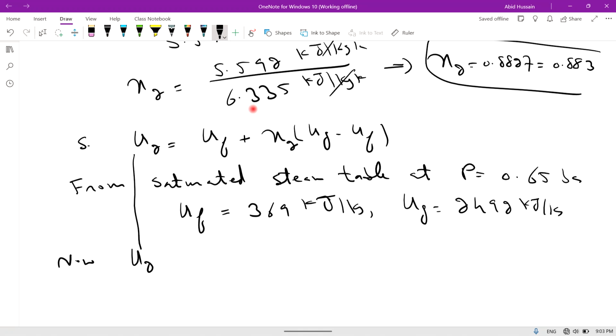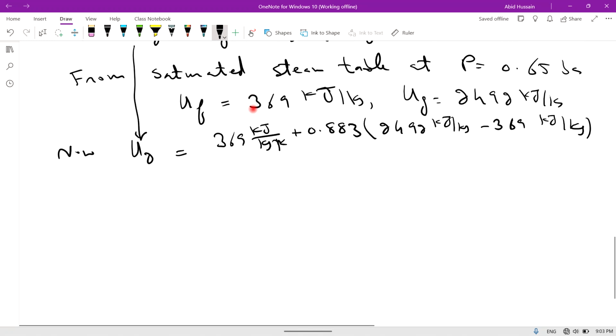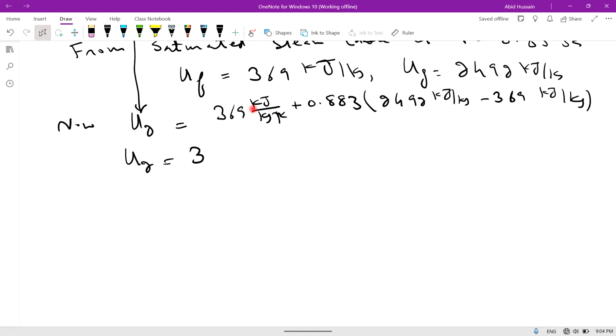Now U2 is equal to, putting values in this equation, UF, the value of UF is 369 kilojoule per kilogram, plus X2, the value of X2 is 0.883, into UG minus UF, 2492 kilojoule per kilogram minus 369 kilojoule per kilogram. 2492 minus 369 is equal to 2123 kilojoule per kilogram.